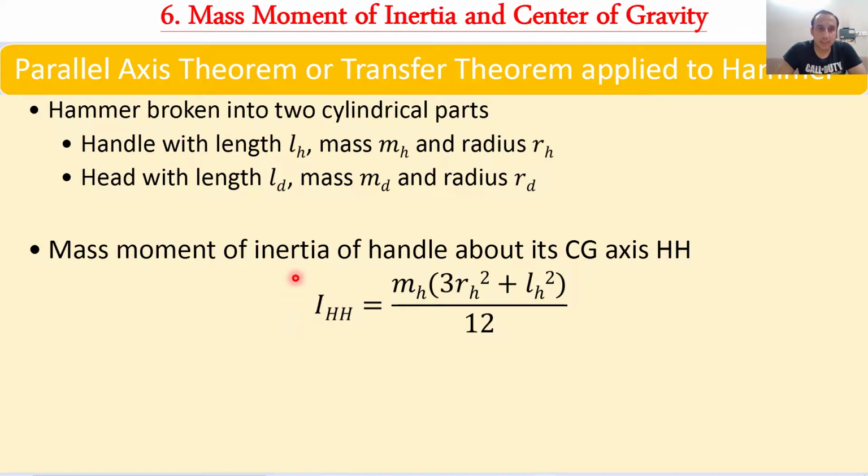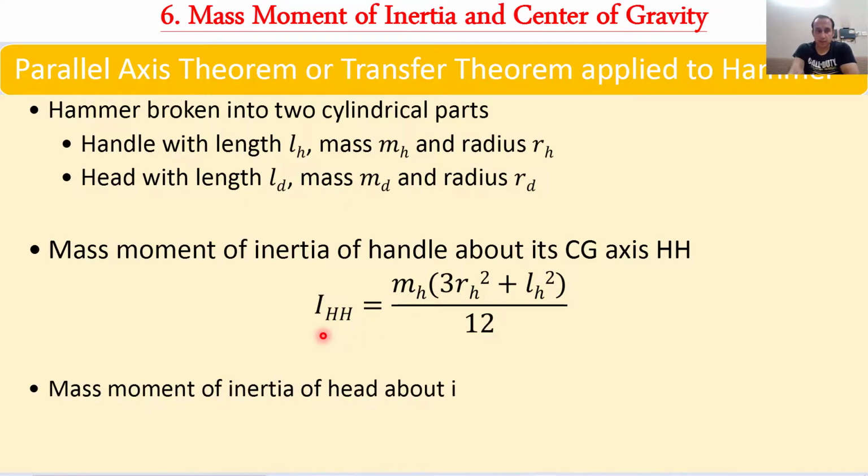This is the formula for calculating the mass moment of inertia of cylindrical shapes, and the axis of interest is passing through the CG of that part. So in this way we can calculate IHH.